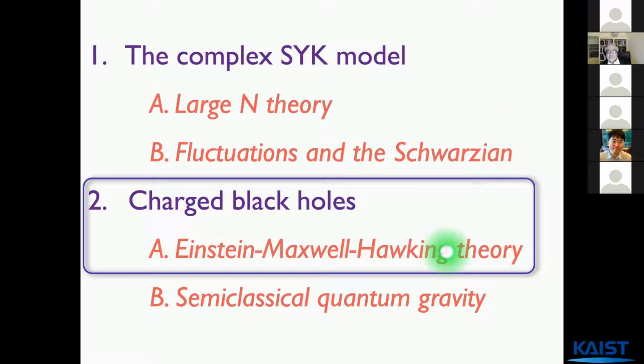That's why I'm calling it the Einstein-Maxwell-Hawking theory, because Hawking just tells us it's the area divided by 4 in appropriate units. So you can just solve the solution and then put in the h bar as Hawking tells us. But here we'll in fact go beyond that. We'll look at the path integral of fluctuations around the Einstein-Maxwell saddle point.